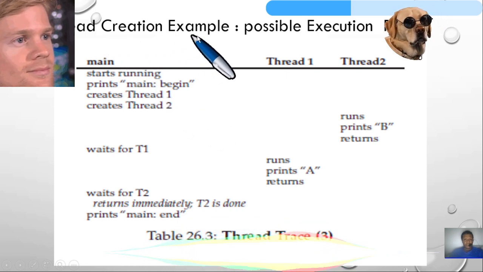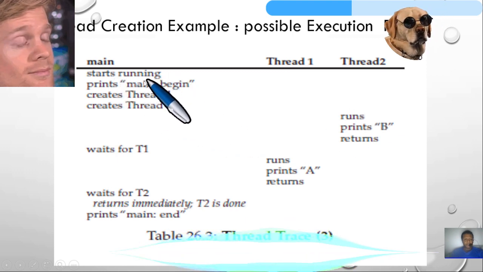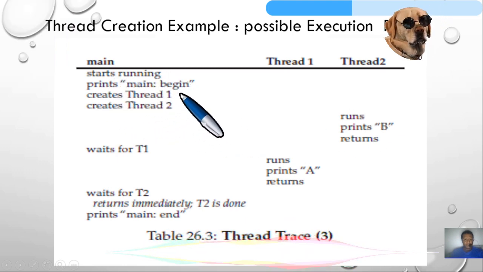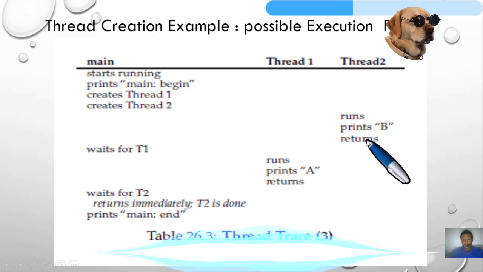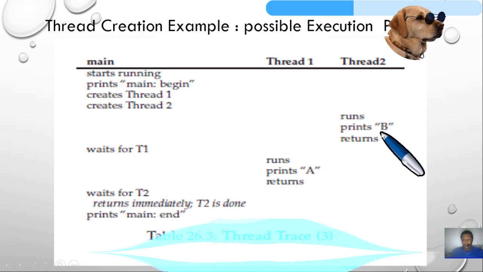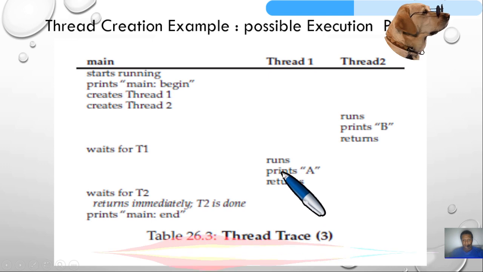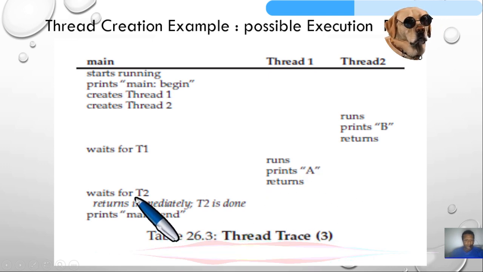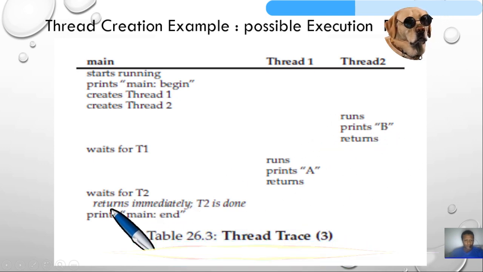And the third possible execution, path 3, will be: start running, print main, then create thread 1 and create thread 2. Now T1 and T2 are both created. Then the scheduler will choose B, so B will be printed, then wait for T1, then run and print A, then wait for T2, but B is already complete, so T2 is complete, return immediately, then print main end.